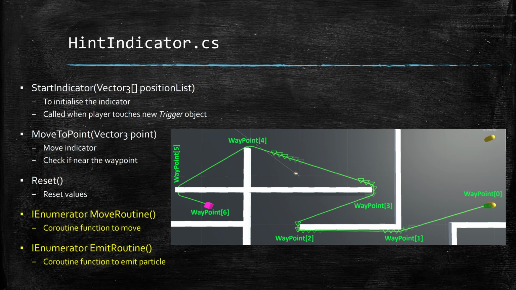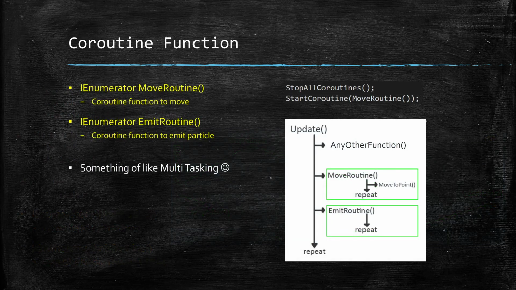These 2 special functions are known as coroutine functions. It's like multitasking. If you have an update function, along the way you update things like your enemy's position, or where your enemy is facing. All of this is continuously done every frame; every update is called every frame.